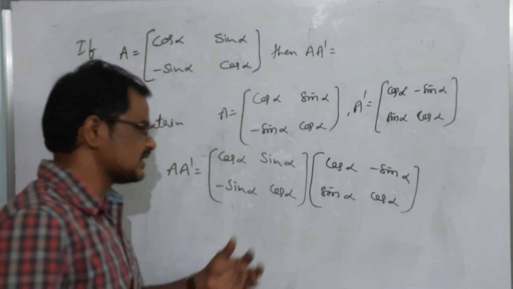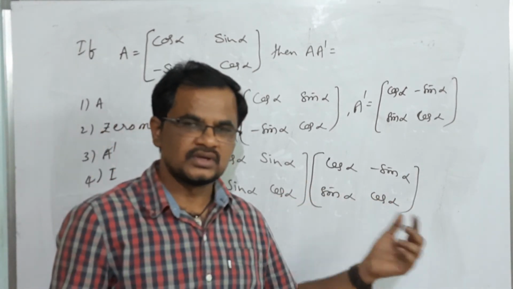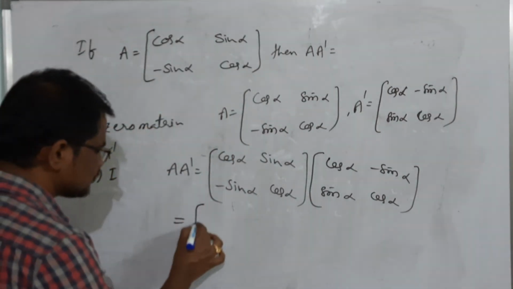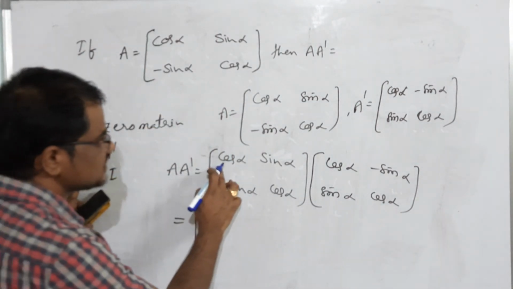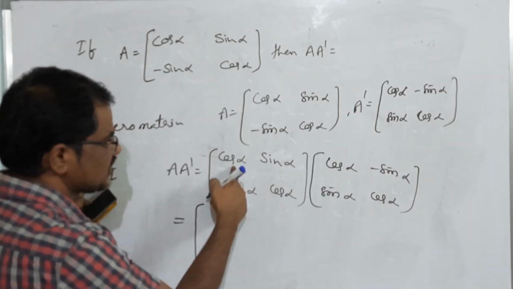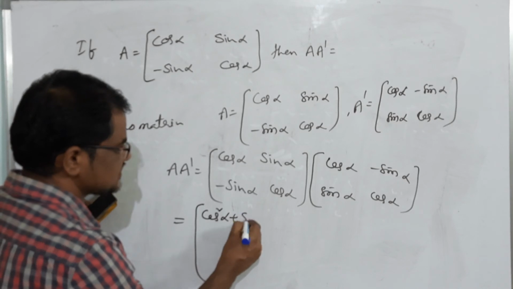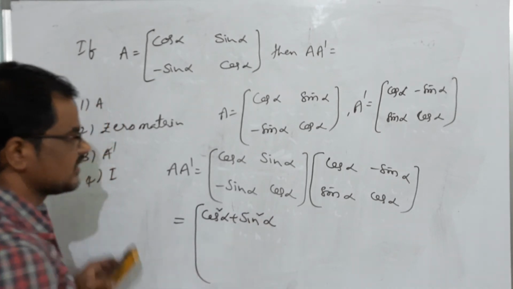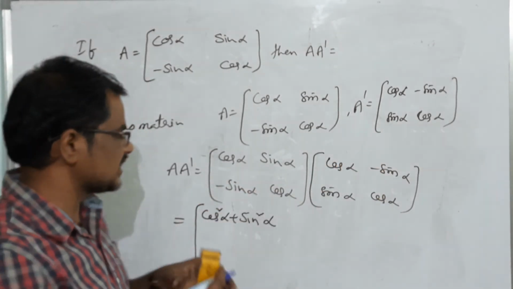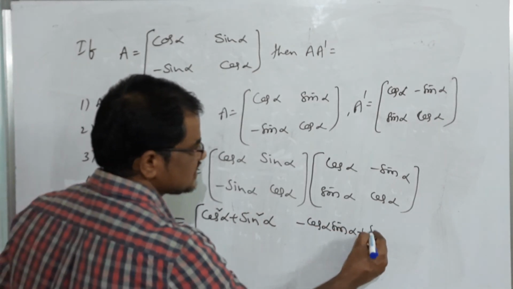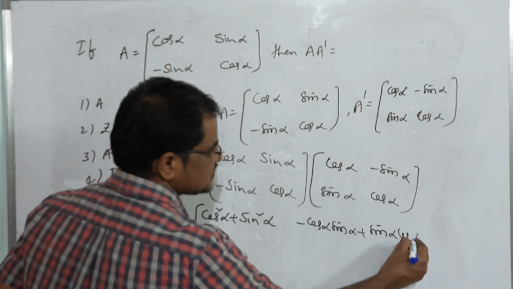Now this is order 2 by 2, this is also order 2, so matrix multiplication is possible. So multiply these two. First row with first column: cos square alpha plus sin square alpha. Now first row with second column: minus cos alpha sin alpha plus sin alpha cos alpha.